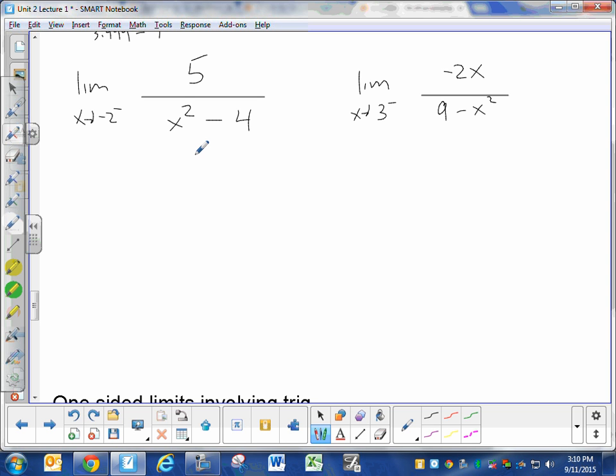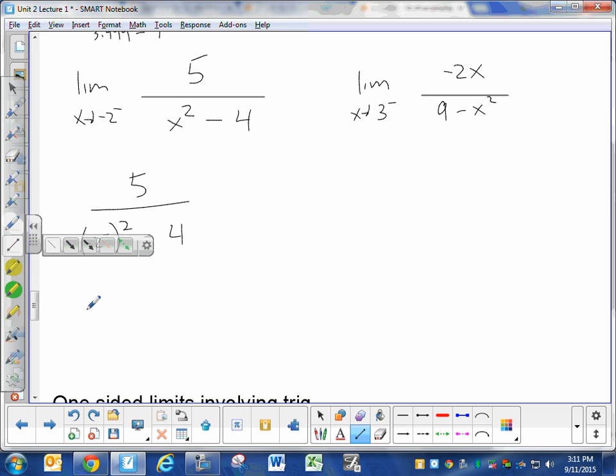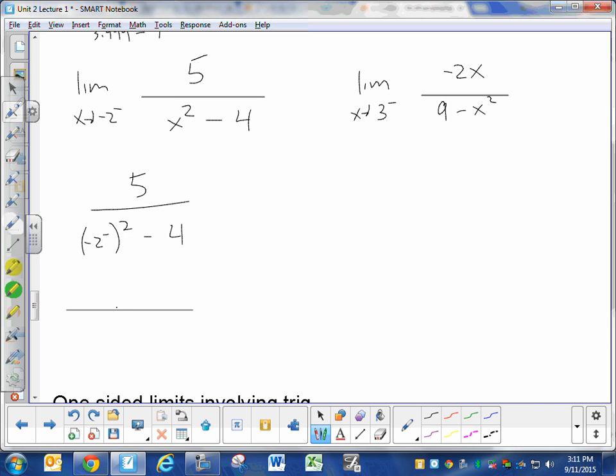So how is my function behaving around this vertical asymptote at negative 2? Well, let's find out. I'm going to take 5, divide it by negative 2 from the left, squared, minus 4. Now, this is when the understanding of where your number is and what number you're dealing with is very, very important. If I have negative 2 from the left, I'm talking about negative 2.0001.